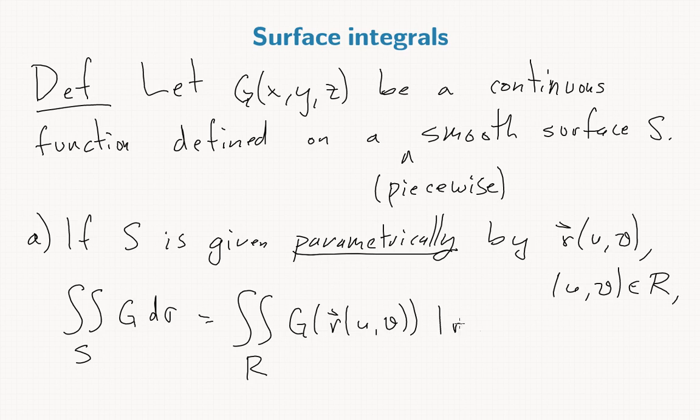And then d sigma, as before, is the magnitude of r_u cross r_v, and then du dv.